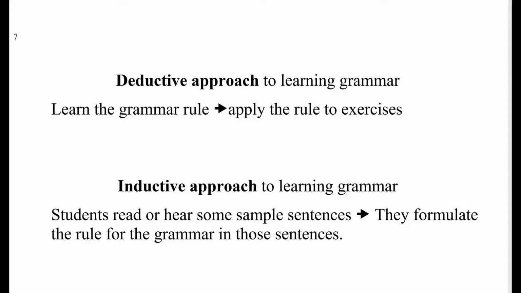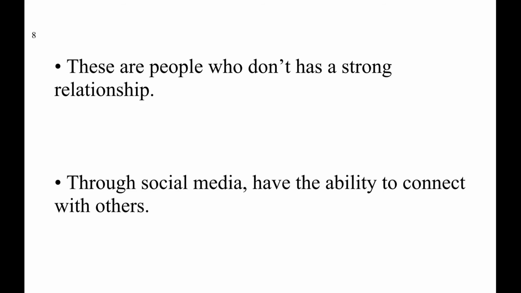When she entered my ESL class, she demonstrated an advanced style of writing and vocabulary, but she had some breakdowns in basic grammar and struggled to fix these. For example, she once started a paragraph with this sentence: "These are people who don't have a strong relationship." You can see that she has a mistake with the verb has.